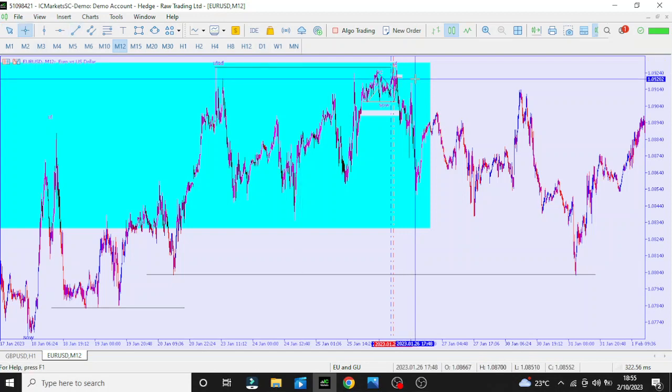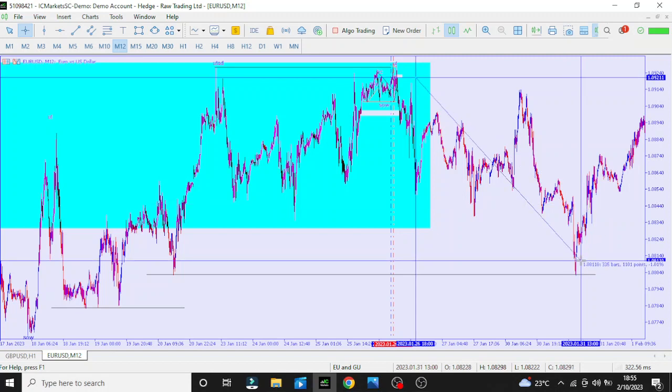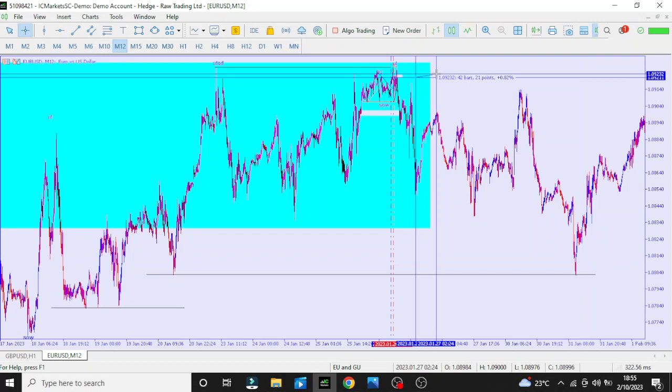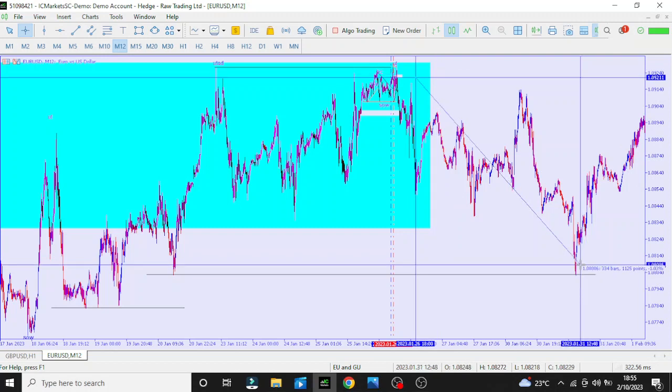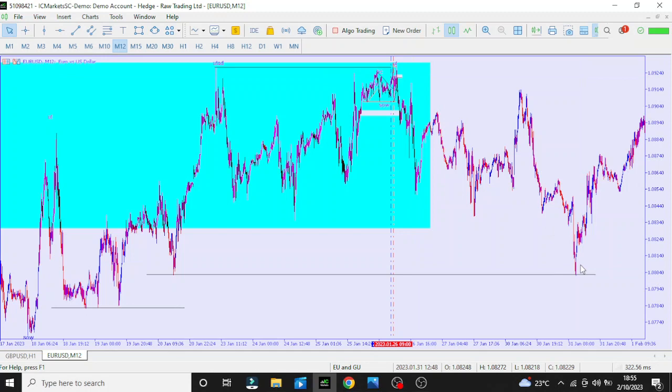You see, at around this area, a 2 pip stop loss and 100 pips, that's 1 is to 50.